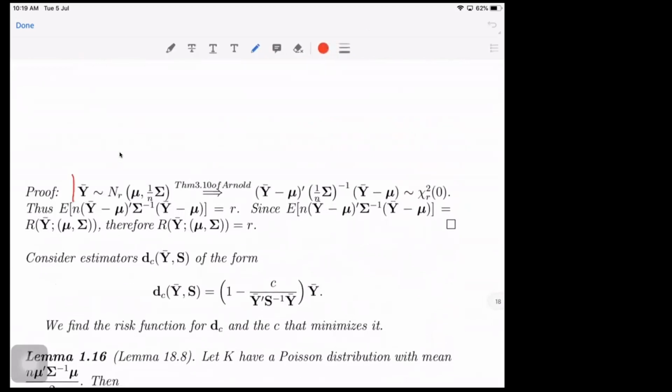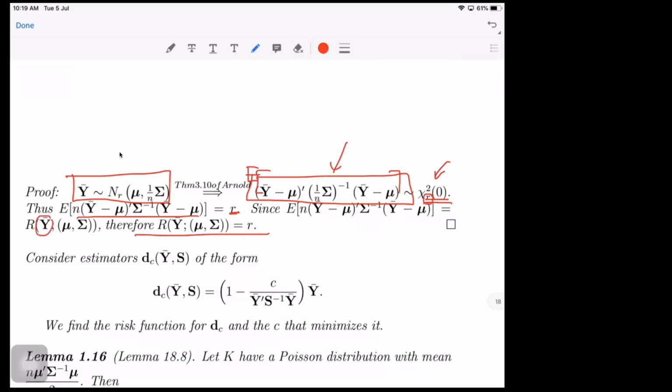We know that y bar is distributed in this manner, and the result of this conversion is a central chi-square. And if we have a chi-square distribution, you get the expectation of this that is equal to the degrees of freedom, which is r. But we know that this formula inside is actually the risk associated when using y bar.